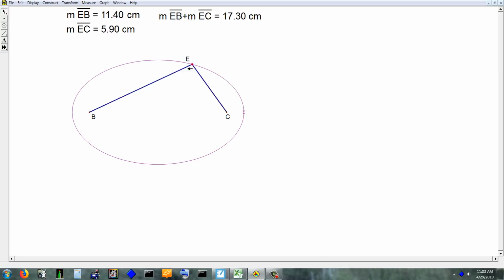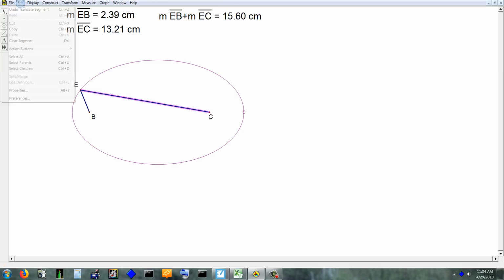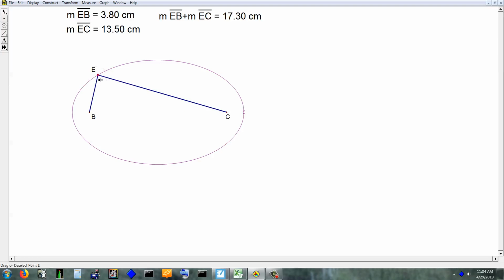So let's try it. Just move that over there. And now let's add those up. 3.8 and 13.5. If you add those together, it's 17.3. Now, it might come out a little off because I'm rounding to two decimal places. But most of the time, it comes out the same. So just drag that point.